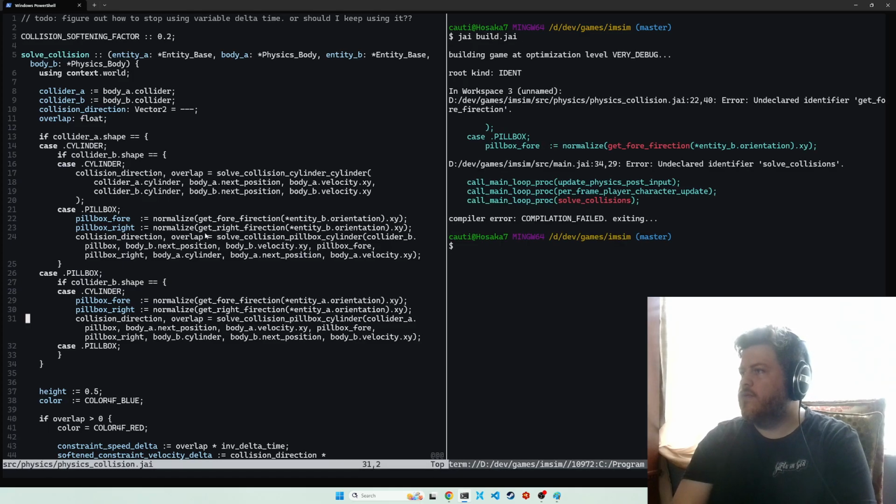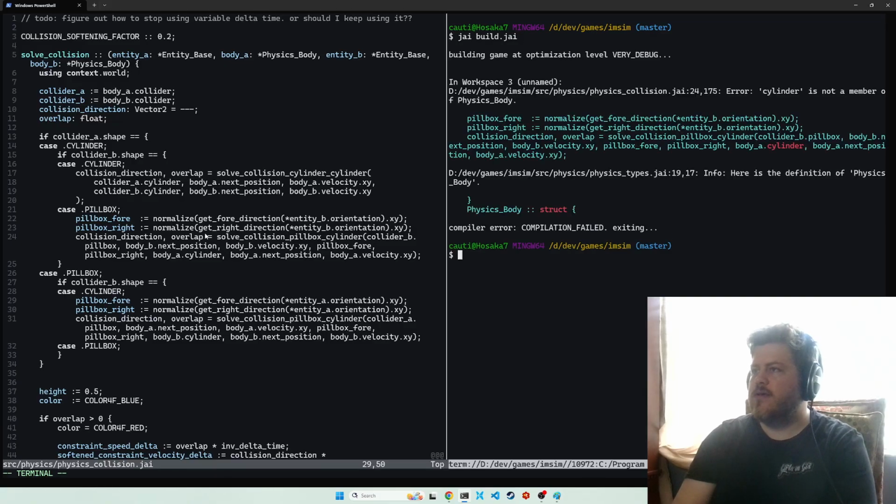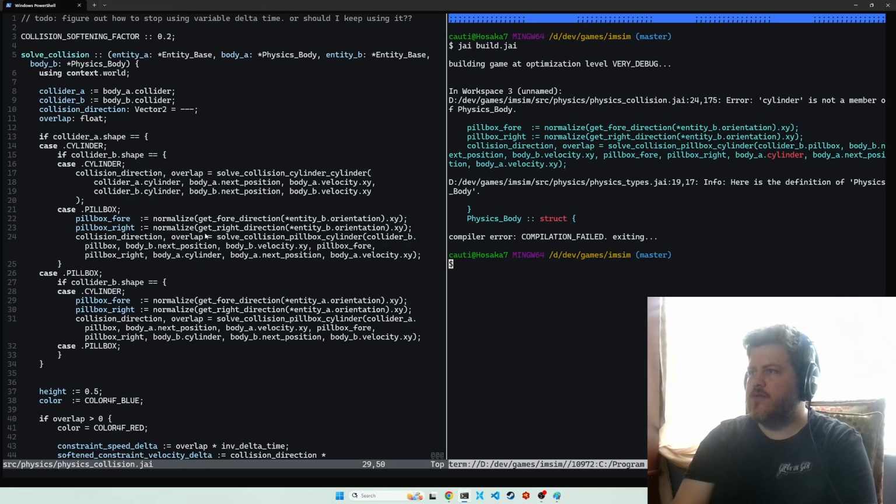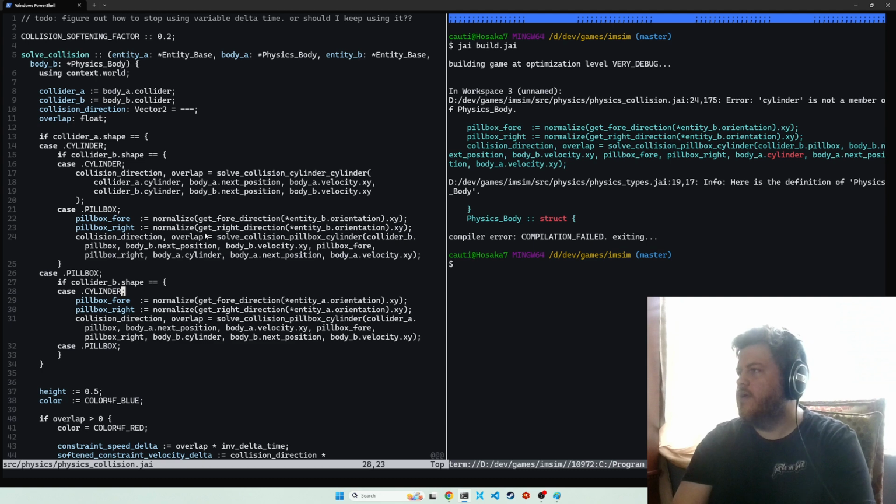Get forward direction. It's not right at all. Alright, there we go. Making some happy little physics here. Body B dot cylinder, right? It's collider dot cylinder, right? Not dot cylinder.